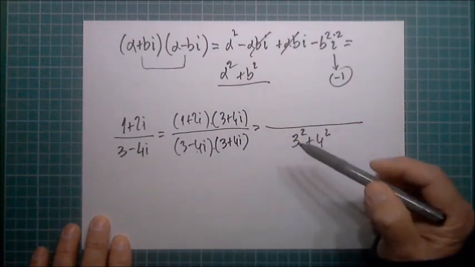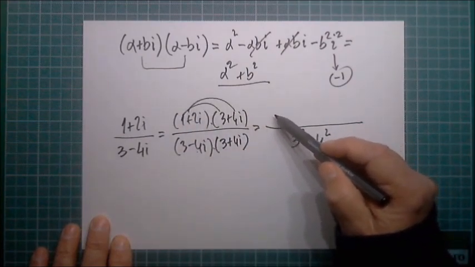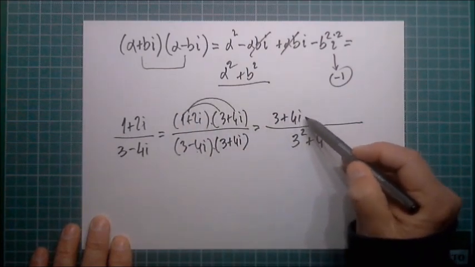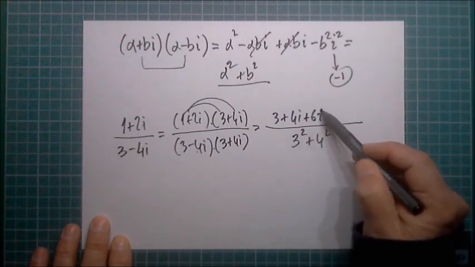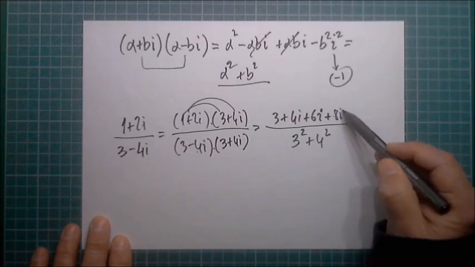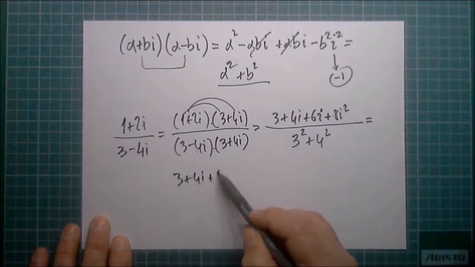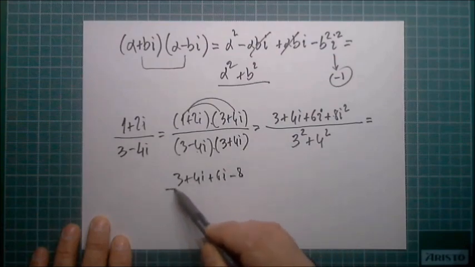And we follow the distribution law in the numerator, which is 3 plus 4i plus 6i plus 8i squared, which is 3 plus 4i plus 6i minus 8 over 25.